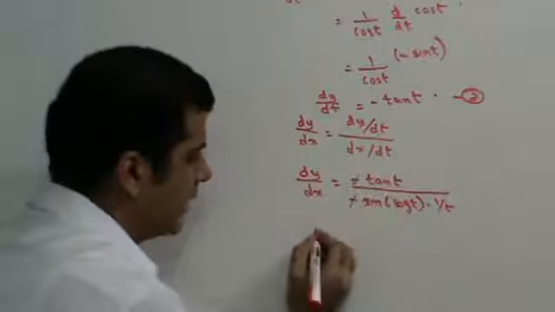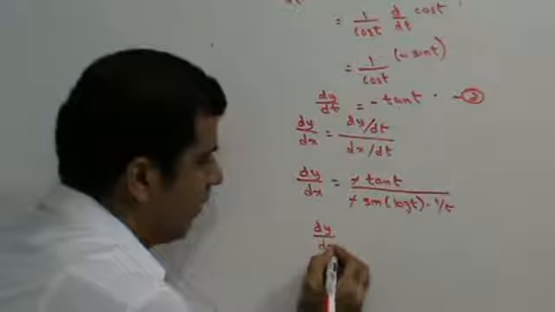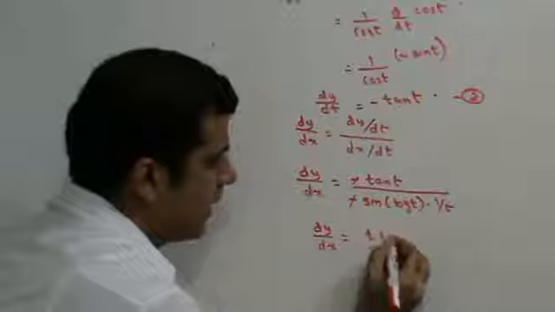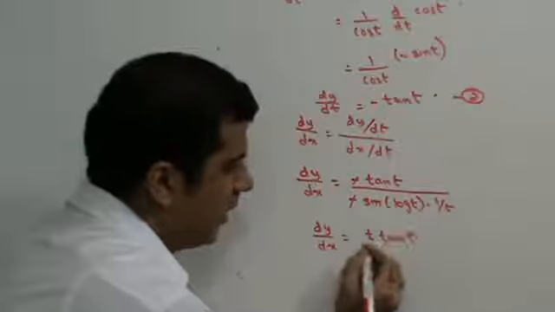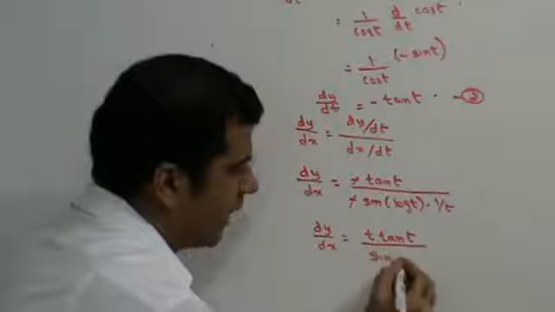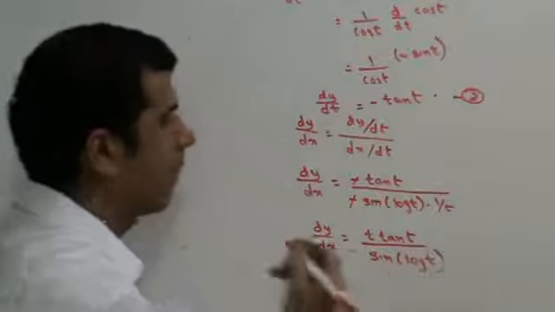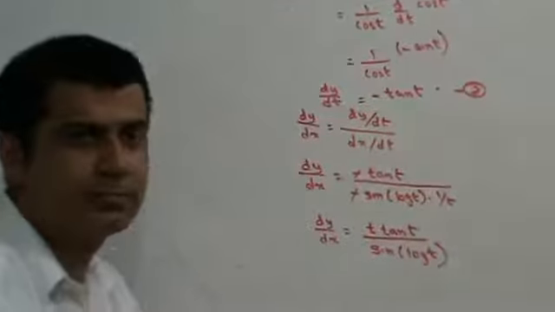Minus and minus get cancelled, so you will get dy by dx is t tan t. Denominator of denominator becomes numerator, so t tan t upon sin log t. Right? That's the sum.